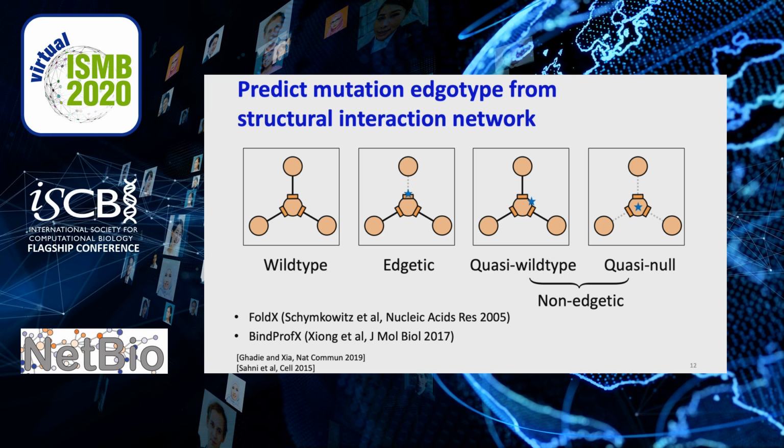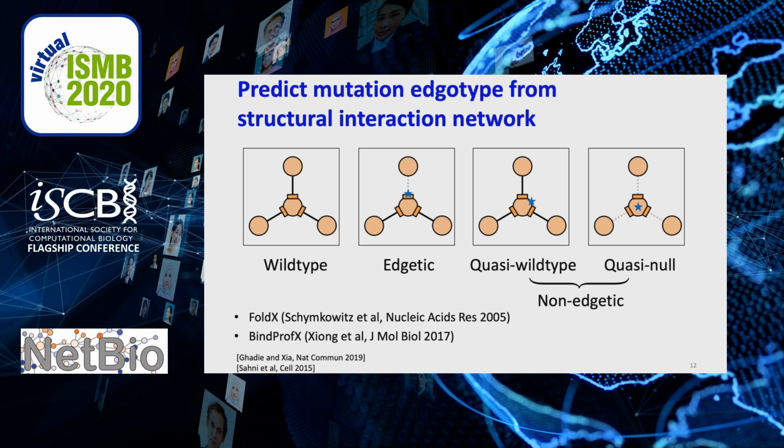The second mutation is located elsewhere on the surface of the protein and is not involved in any binding interface. And as a result, it does not disrupt any interaction at all. This mutation is called a quasi-wild-type mutation. The third mutation is located in the core of the protein and disrupts the overall stability of the protein.